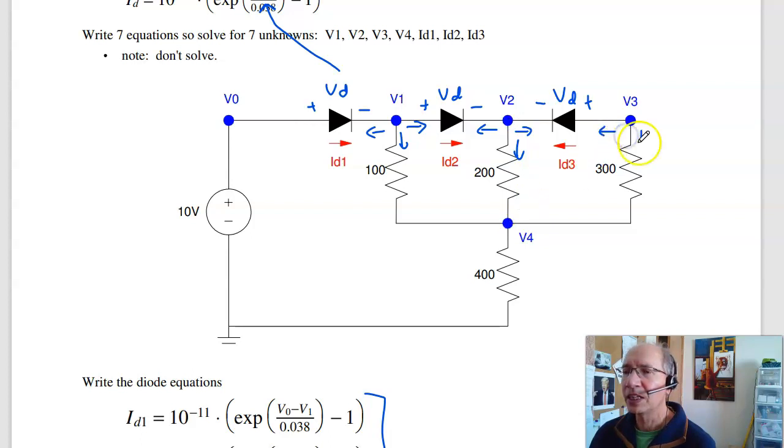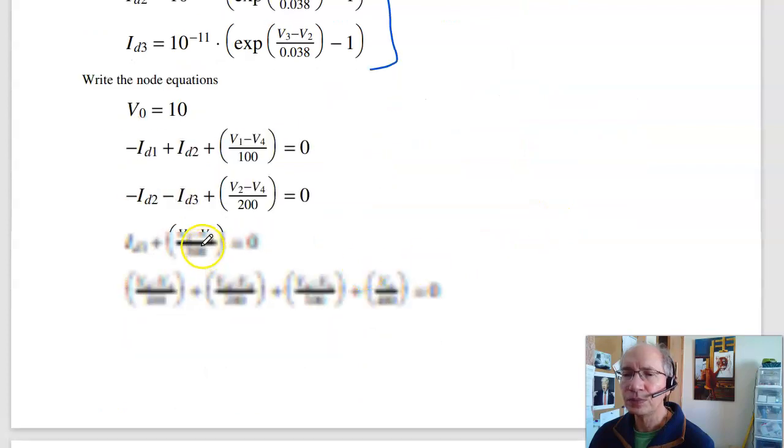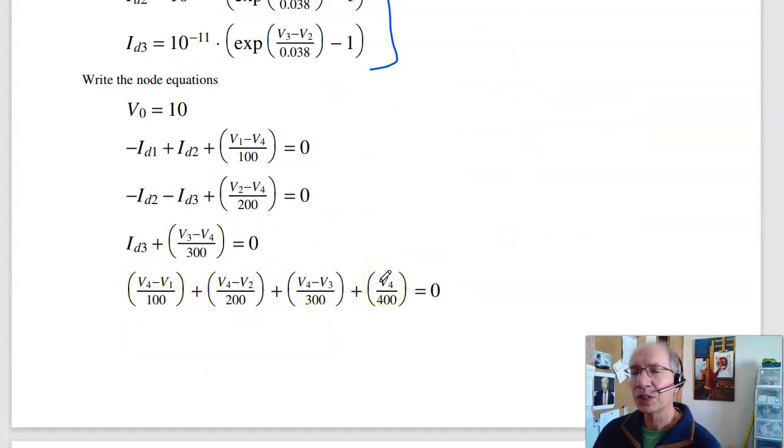At node 3, these add to 0, plus ID3 plus V3 minus V4 over 300 equals 0. And node 4, these 4 have to add to 0, which is this equation. So those are the equations that have to be solved to find the voltages V1, V2, V3, V4.